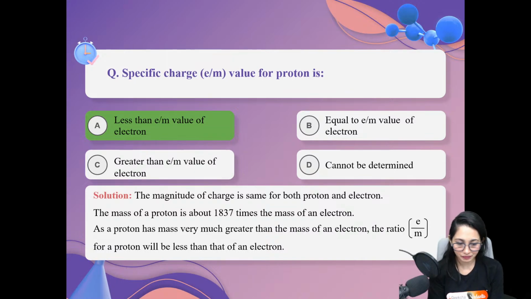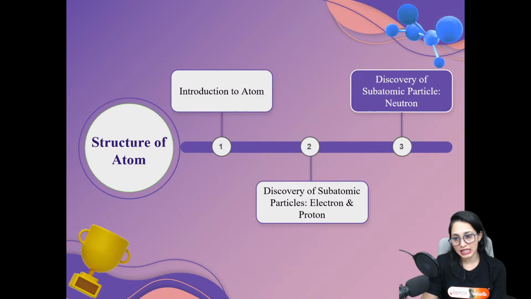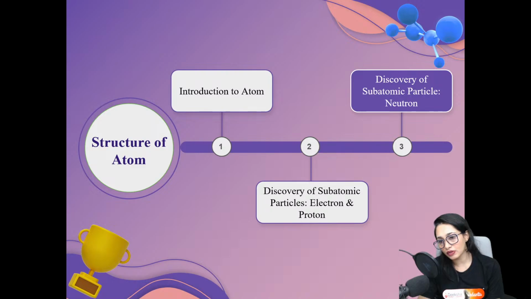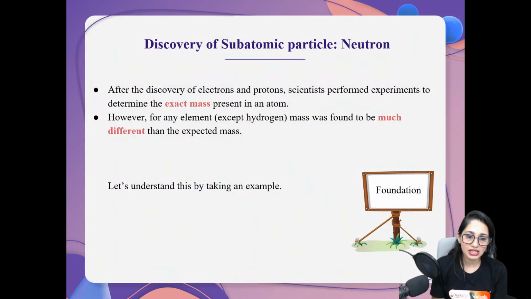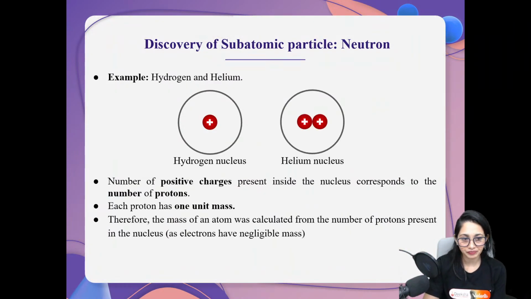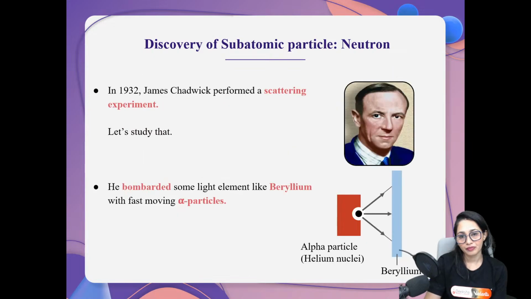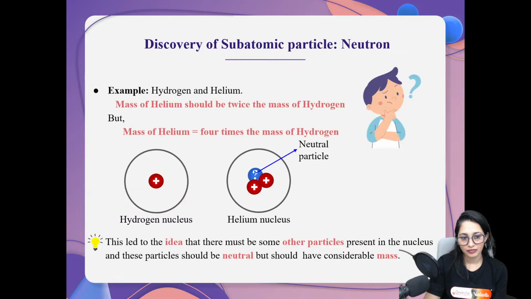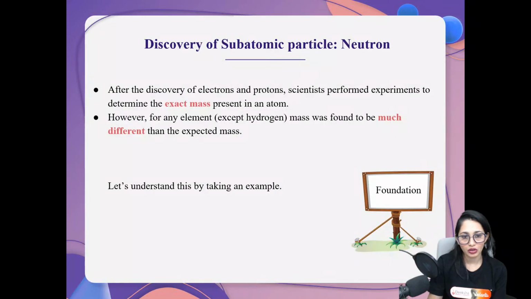Next, discovery of subatomic particles: neutron. How did they discover neutron? Who discovered neutron? It was James Chadwick.